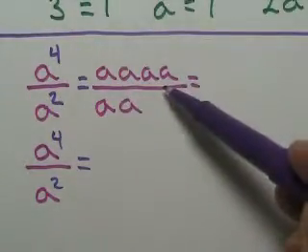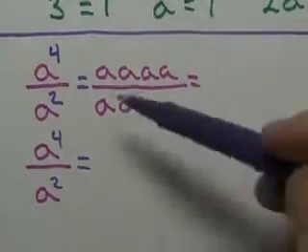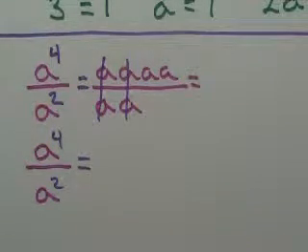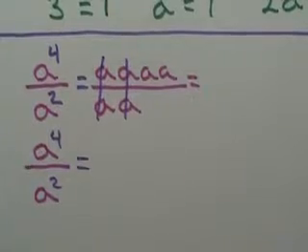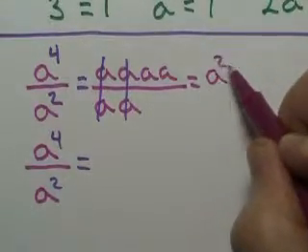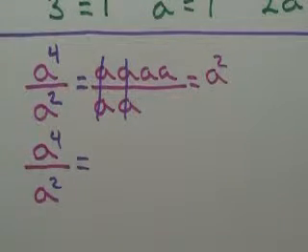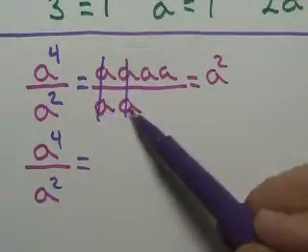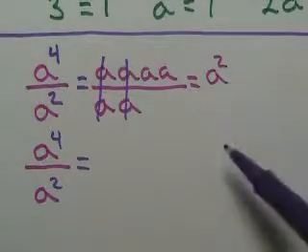We have 4 A's on top, 2 on the bottom, and we can see that these will reduce. And so what are we left with? We're left with just A, and then we have 2 of them, so it's A squared. Basically we had 4 A's, take away 2 A's, and that gives us 2 left over.